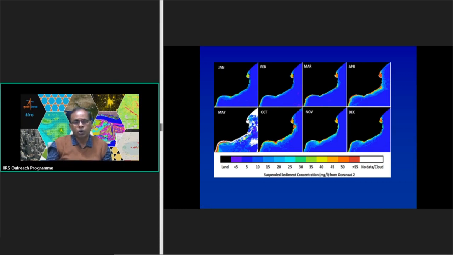Normally this bay is full of cloud cover, so the satellite data is full of cloud, so we have not taken it. And then October, November, December data are taken.